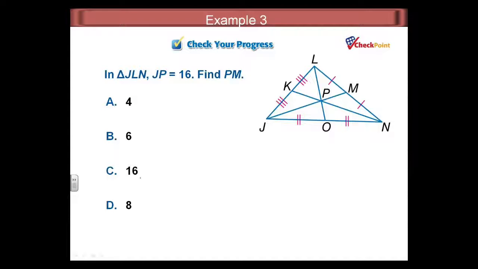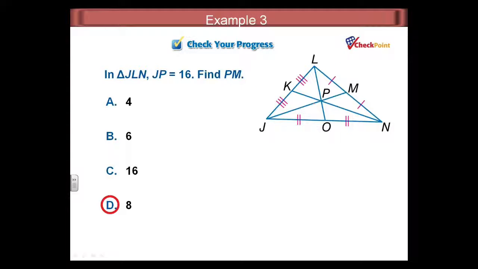Here is another example for you to try. Please note that the segments that are marked are on the exterior. Eight is the correct answer because even though it doesn't say that these segments are medians, each of these segments on the outside are marked as bisected, and each of the segments like LO starts at a vertex and goes to the opposite side, so I know that all of the interior segments are medians.